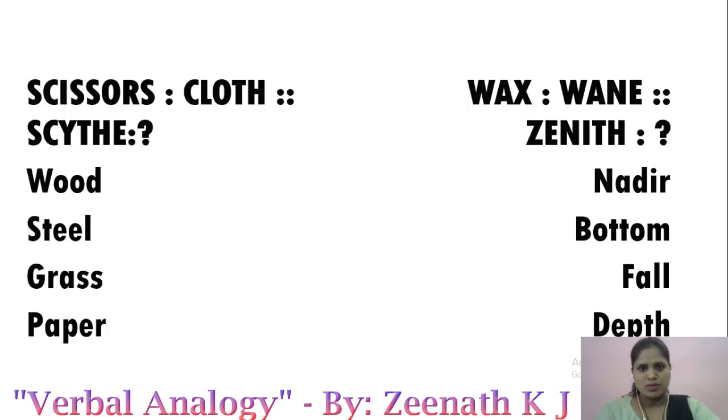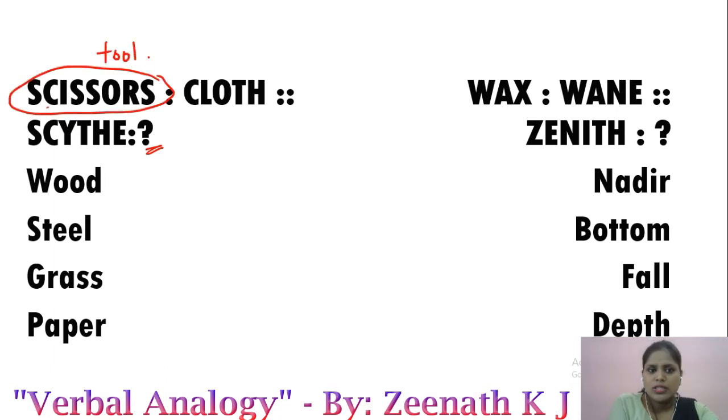Now let's take up some questions and see whether we would be able to solve them or not. Scissors is to cloth as scythe is to what? Now let's understand the relationship. Scissors is a tool which is used to cut cloth.